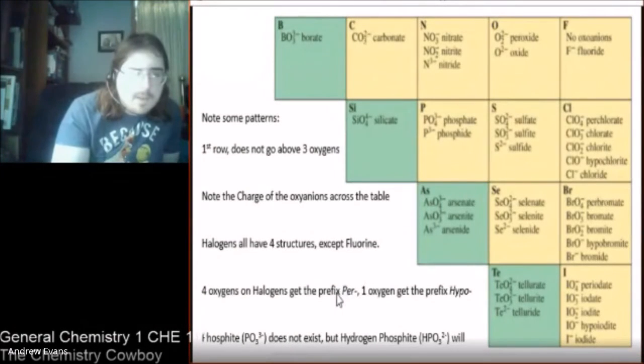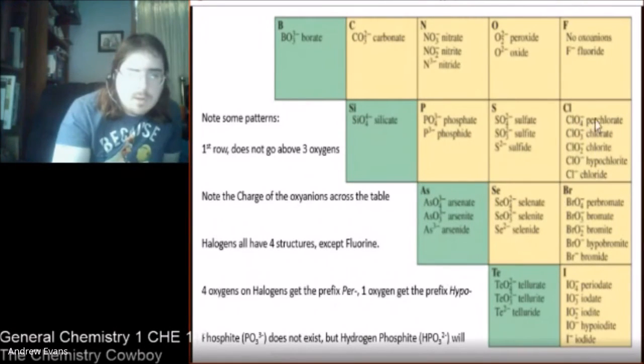If I'm hyperthermic, I'm running a fever; my temperature is running above normal. Hypothermia is my temperature running below normal. So when I say perchlorate, I'm saying I'm running 1 oxygen above chlorate. So perchlorate, chlorate, chlorite, and then hypochlorite, running 1 oxygen below chlorite.